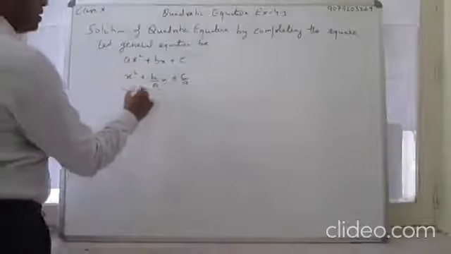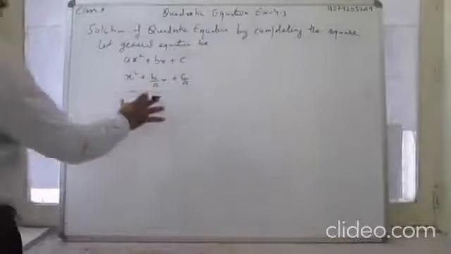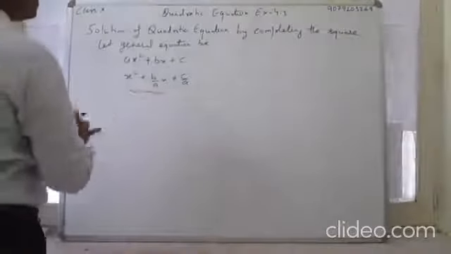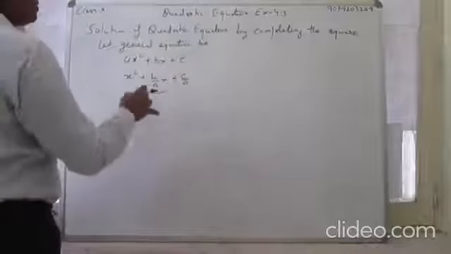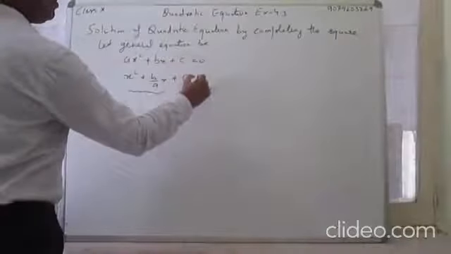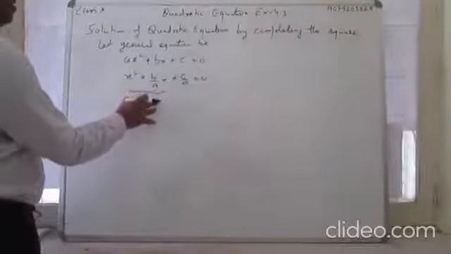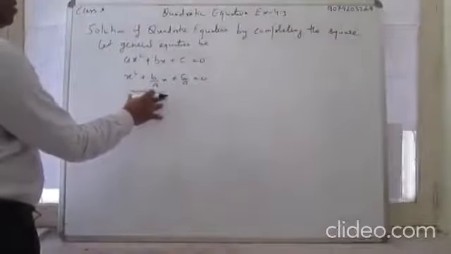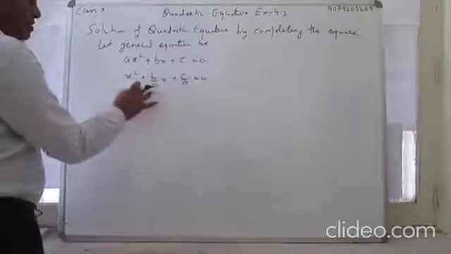Now how will you make this a complete square? So what you do, method of complete squaring, it is equal to 0. So add and subtract b upon 2a whole square on both sides. This is the middle term.